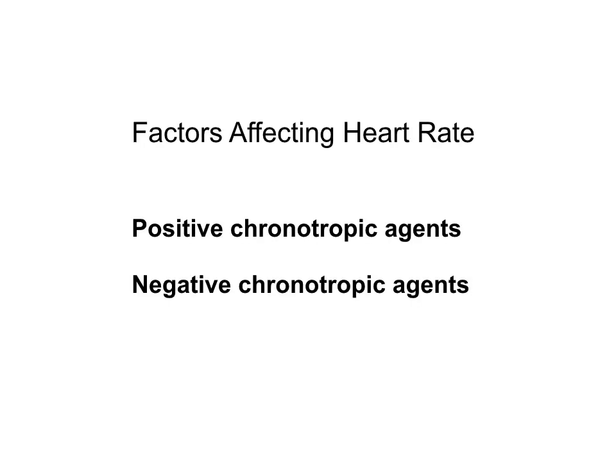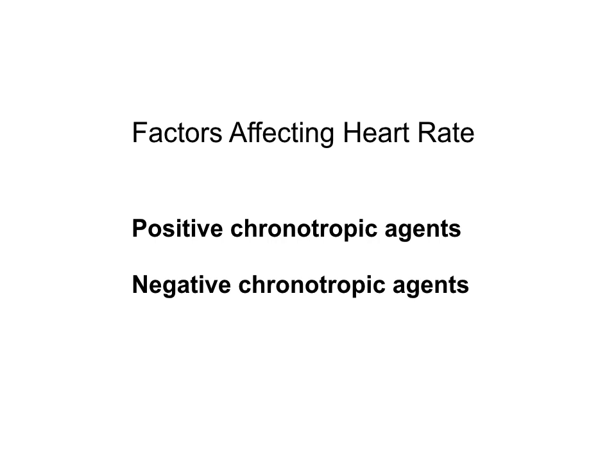So we're going to start with heart rate. And when you start thinking about affecting heart rate, you can either speed it up or slow it down. So you are going to need positive chronotropic agents, which are going to raise your heart rate, and negative chronotropic agents, which are going to lower your heart rate.